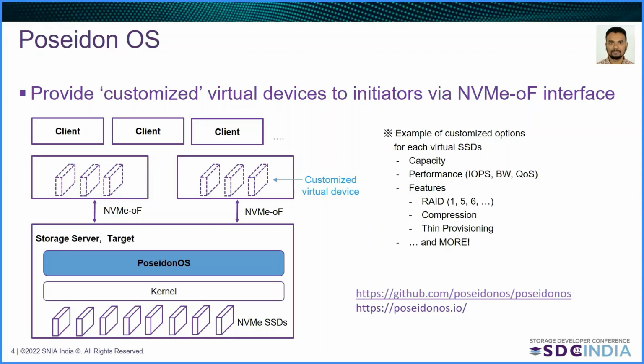Also, it implements software-defined storage capabilities to meet the various needs of storage applications in the data center. With POS, industries can easily build composable disaggregated infrastructure in their data centers. The latest version of POS is 0.11.0. It is available on GitHub.